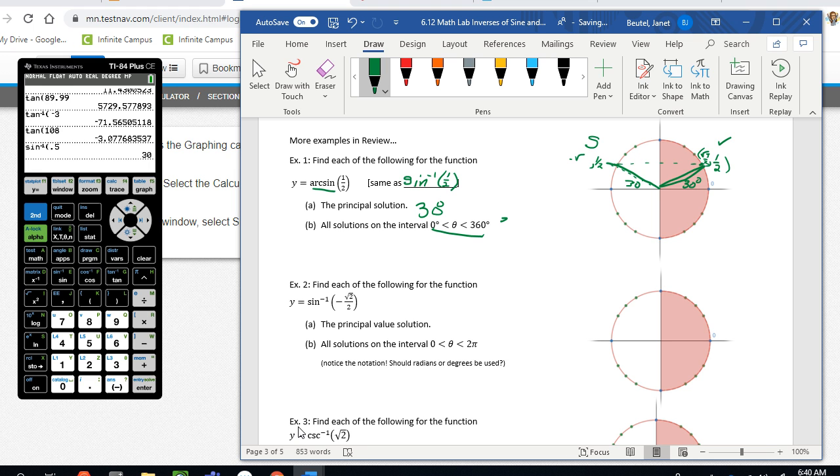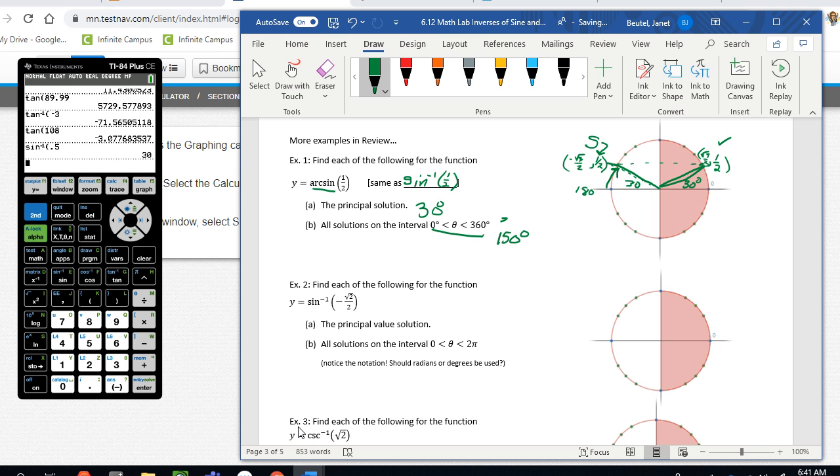Interestingly enough, this is cosine of negative square root 3/2. But what matters is that our sine is 1/2. So if I take 180 and subtract 30, because I'm going back to this area, I'm going to be at 150 degrees. That's my other one.